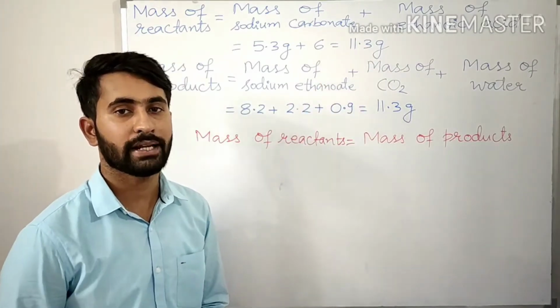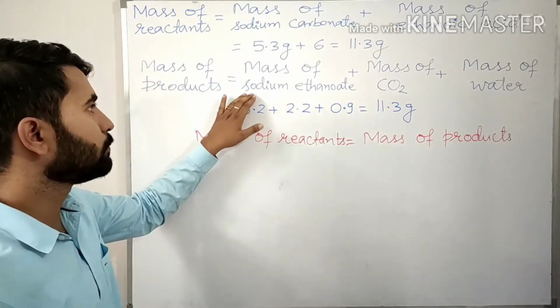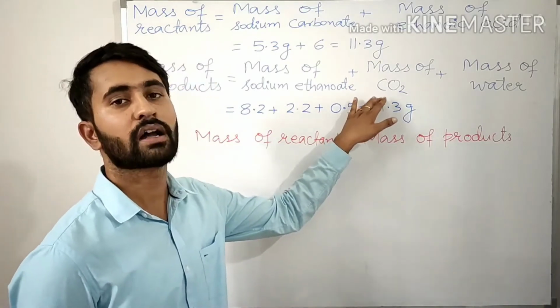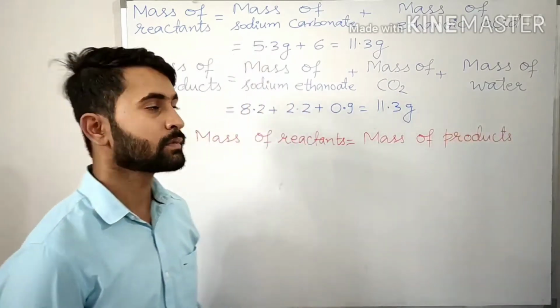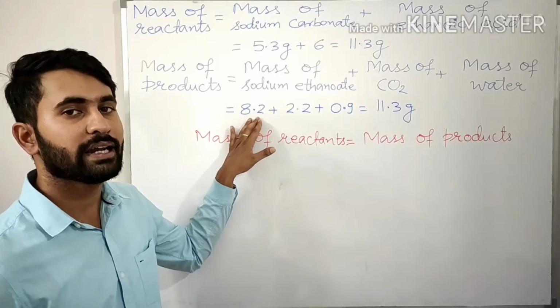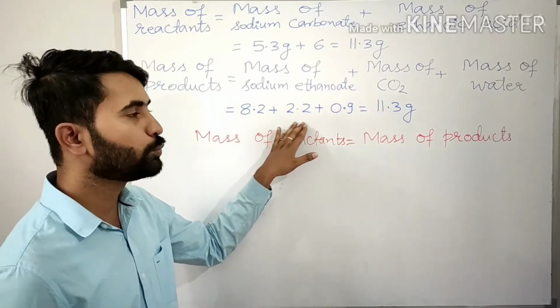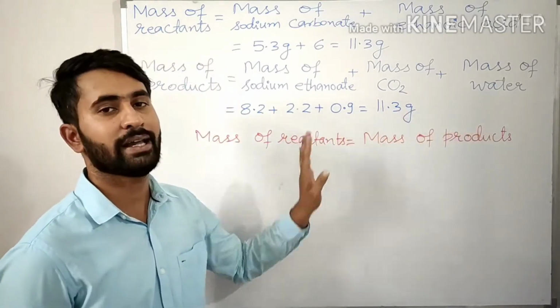Now we will calculate the mass of the products. That will be equal to mass of sodium ethanoate plus mass of carbon dioxide plus mass of water. In the question, mass of sodium ethanoate is 8.2 grams, mass of carbon dioxide is 2.2 grams and mass of water is 0.9 grams.